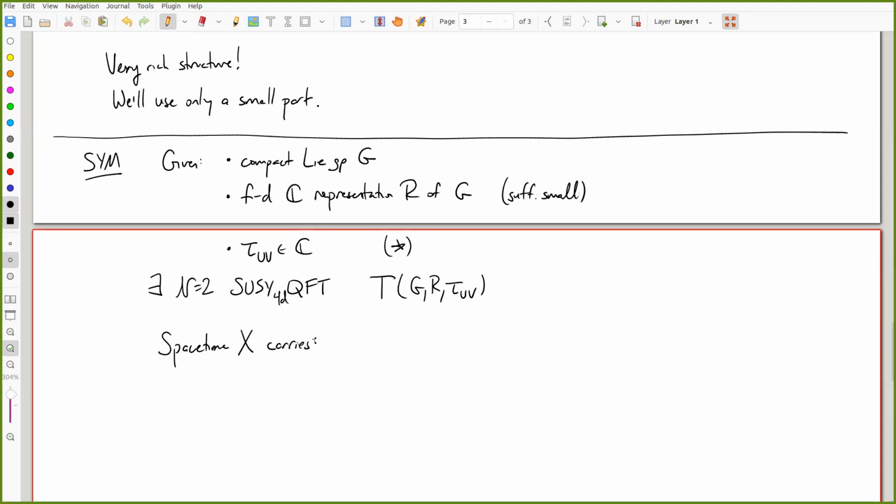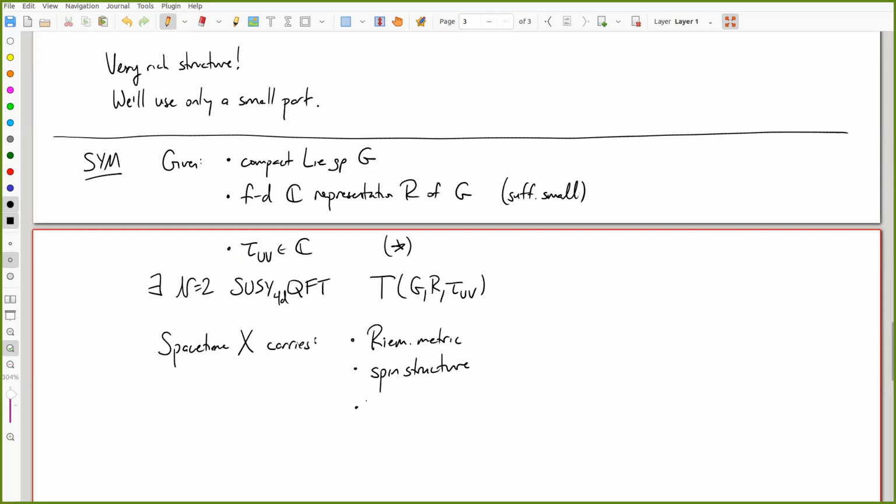The space-times we're allowed to plug into this 4-dimensional theory are supposed to carry, first, a Riemannian metric. So this is not on its face a topological field theory. This is a physical field theory that depends on every detail of the Riemannian metric. Then a spin structure.